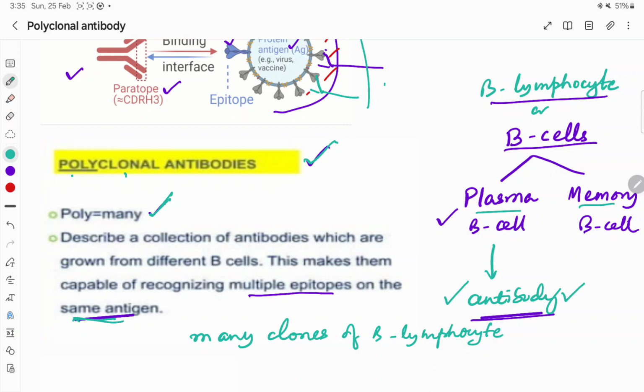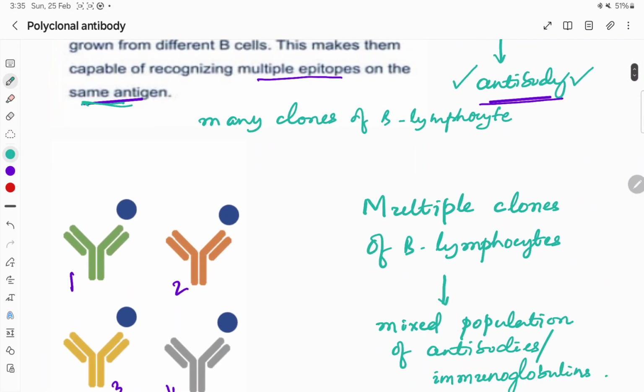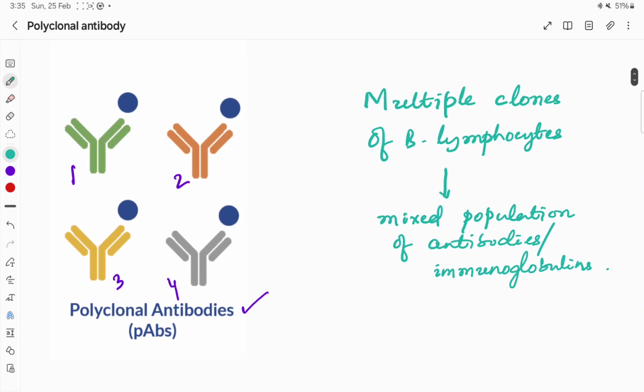Then we call them polyclonal antibodies. So multiple clones of B lymphocytes produce a mixture of antibodies or immunoglobulins, and that mixture is called polyclonal antibody.